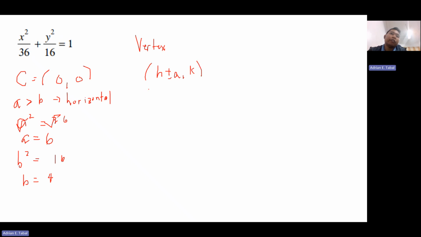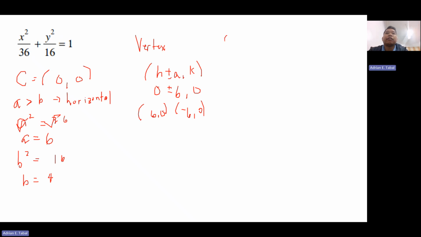So our H is 0 plus or minus A, which is 6, then 0. So our vertices are 6, 0, and negative 6, 0.